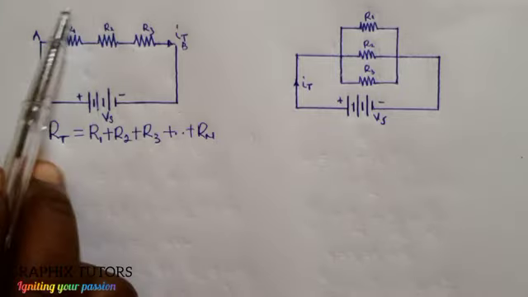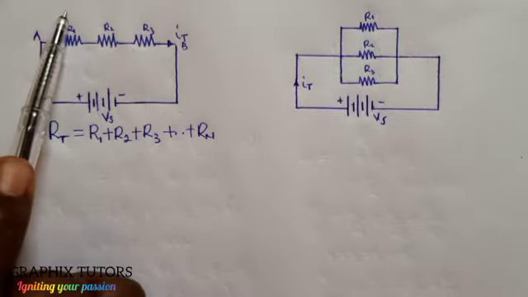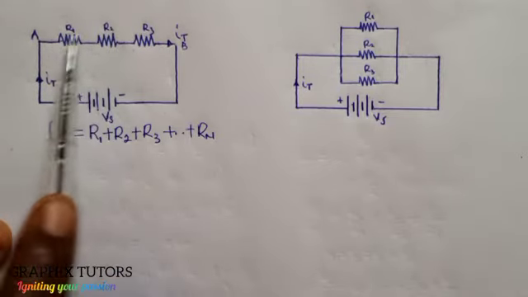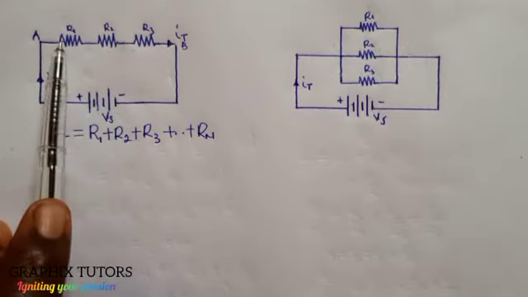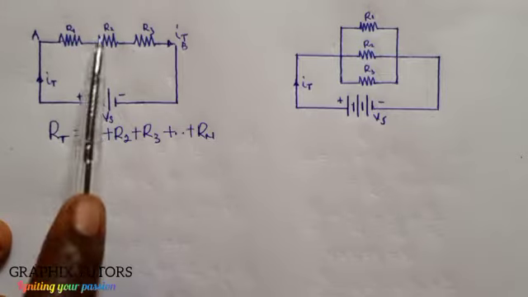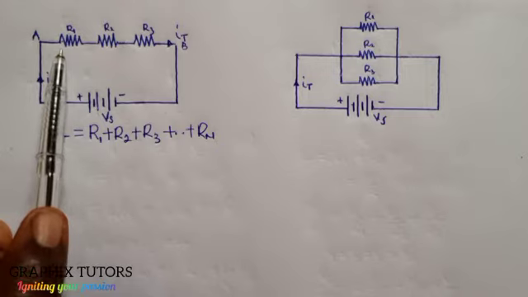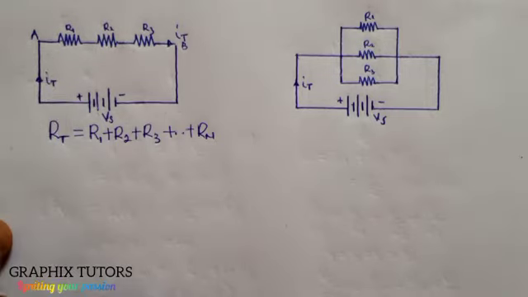If the resistance of this resistor is 2 ohms and the resistance of this resistor is 3 ohms, the voltage can never be the same. So the resistors must be different for the voltages to be different.